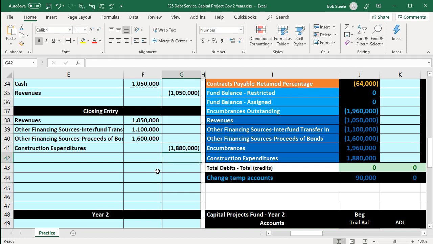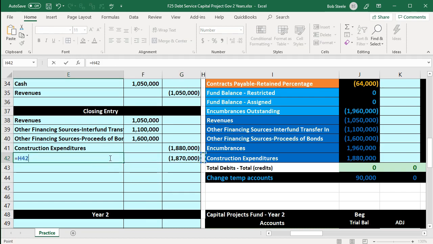Now we have the debits. We need something to be in balance because it's going to be a credit. This is going to be the plug formula. I'm going to say negative sum of these items to pick up whatever we need to be in balance. And then we're going to break that out. And actually, I'm going to break that out a little bit differently. I'm going to say that we have an assigned portion of that 1,870,000.